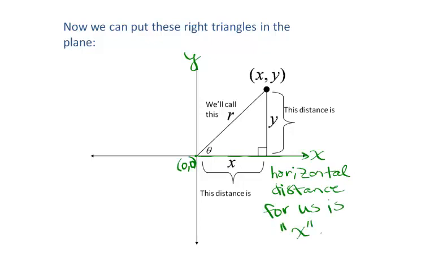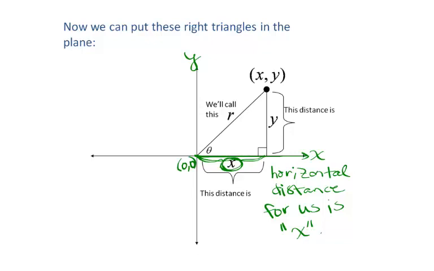Now we don't have to have an x-axis. We could have a t-axis or something, but for right now I'm going to stick with x and y because that's what you're comfortable with. So when we talk about horizontal distances in the xy plane, we know we're dealing with the independent variable. We're dealing with x. So any length whatsoever that we go out here, let's say the length of this side of this right triangle from here to here, we're going to call that x.